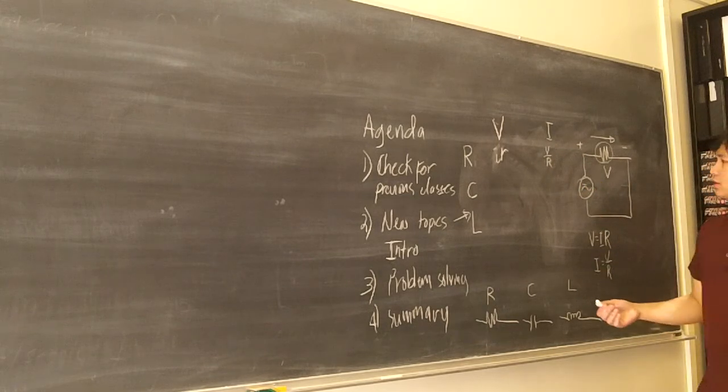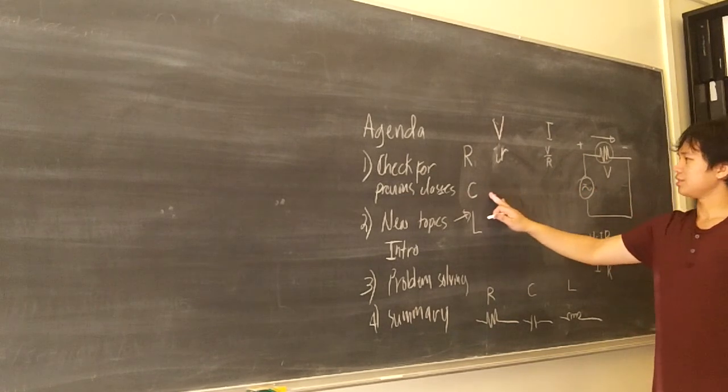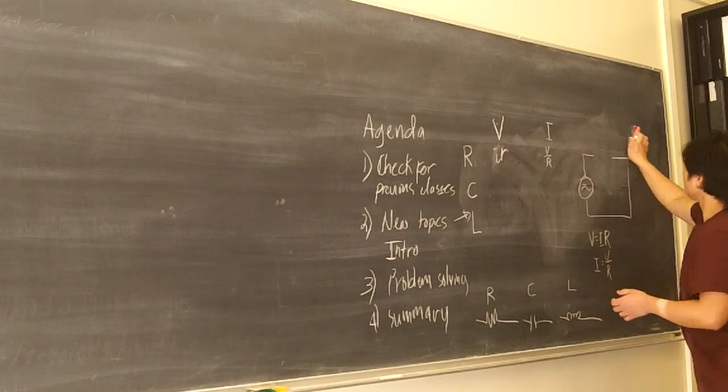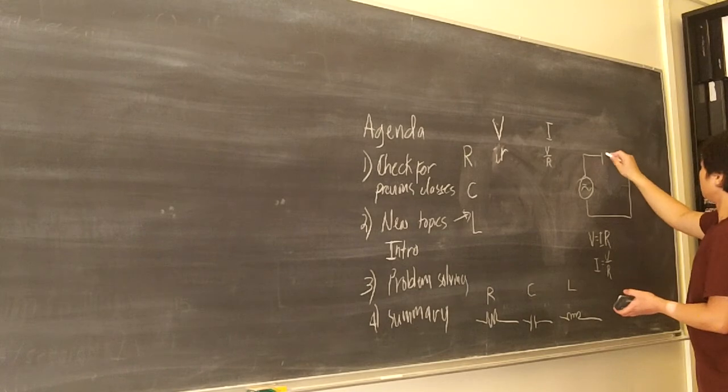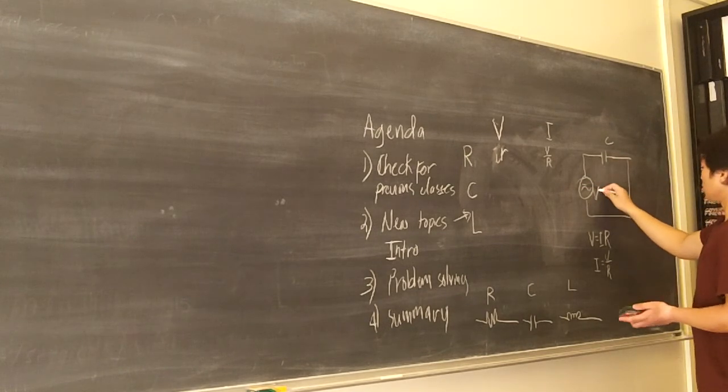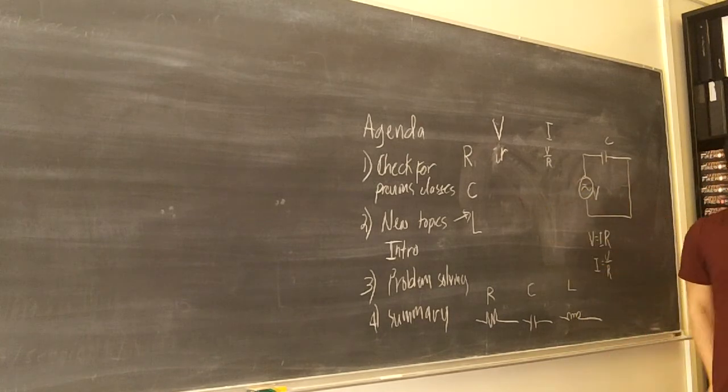Okay. So for capacitance, what is the voltage across the capacitor? For example, you have this capacitor and a voltage source. What's the voltage across it?